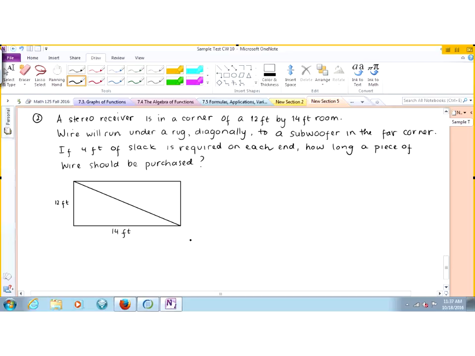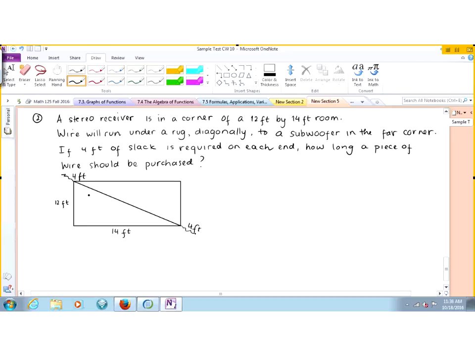So this is your wire. Okay, it's like the TV problem. Now, the question is how long of a piece of wire should be purchased? And of course, this wire is 4 feet here and 4 feet there, right? Because it says 4 feet slack. So when you install, it probably has to be on top of the rug. So it's more 4 feet here and more 4 feet there.